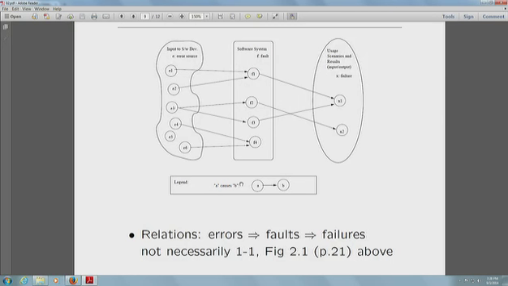So when I assure quality, I try to do something with this defect picture. If the defect is there, I try to remove it. Before it's there, I try to prevent the injection of it. And if there is something I cannot remove, can I still prevent it from causing failure?